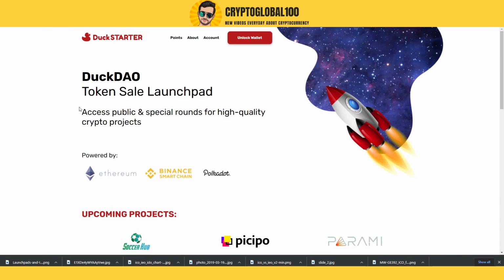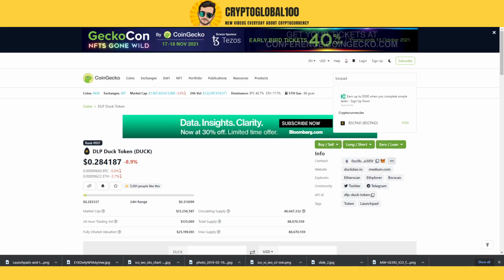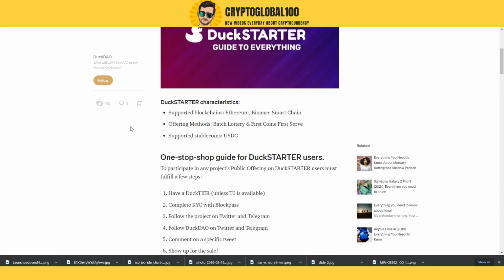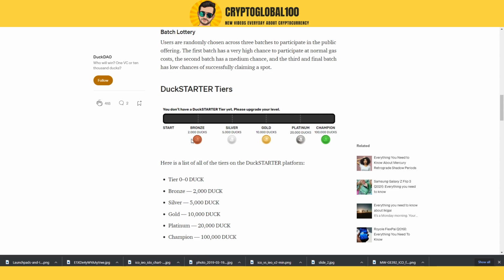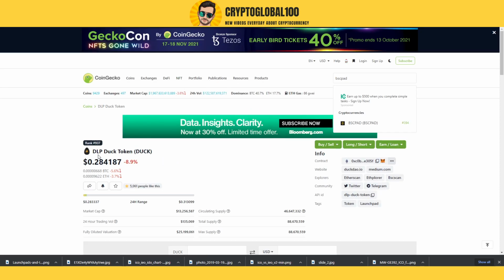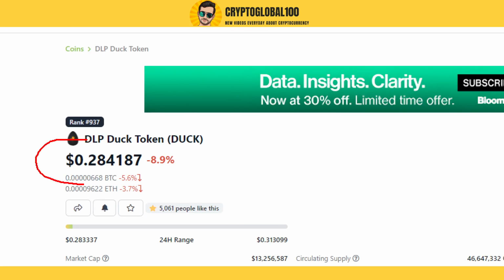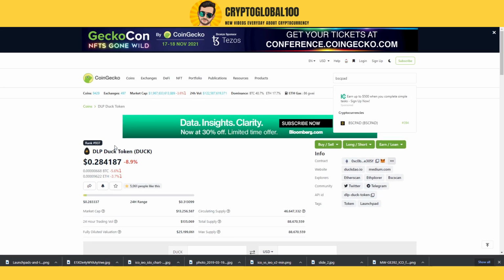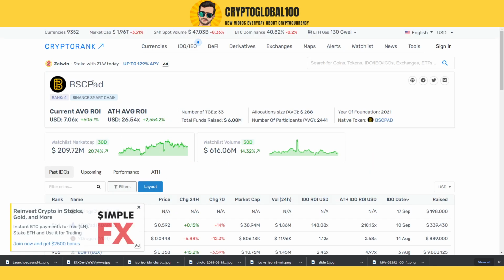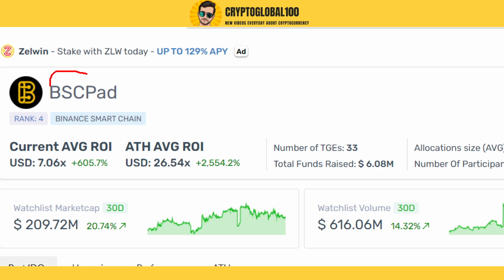You need to hold at least 2000 ducks for this one, and the price of duck is relatively low compared to the other tokens. So you need to invest at least maybe $1,000 for this one.